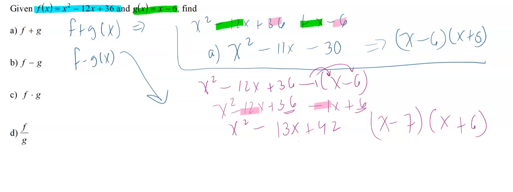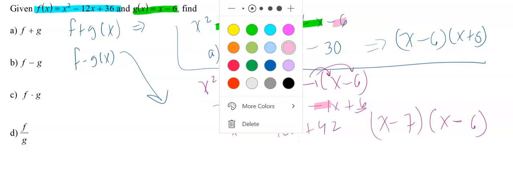Negative 7 times 6. Oh, that won't work. This would have to be a negative 6. That'll work. Just had to think that through for a second. X squared minus 7x minus 6x is a minus 13x. Negative times negative is positive. That works. All right.